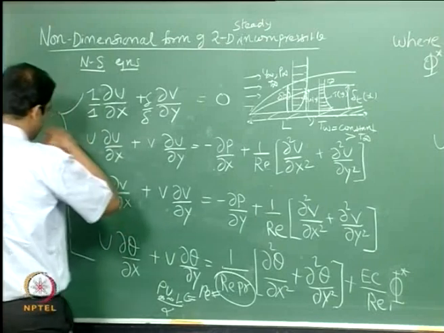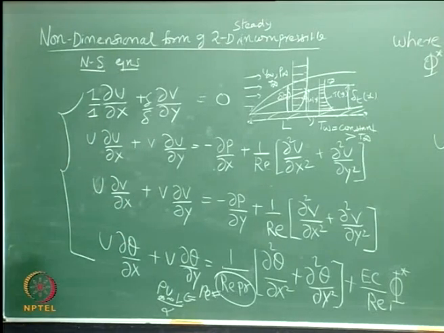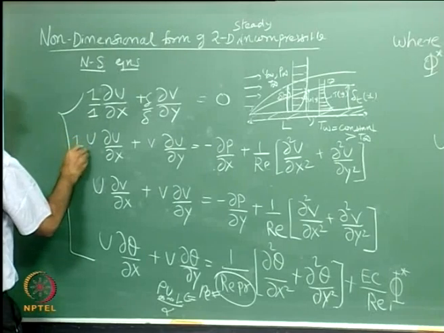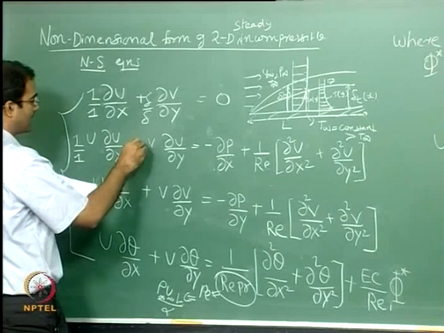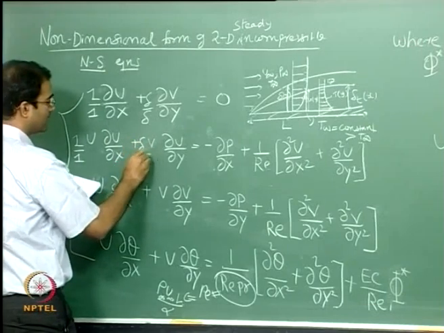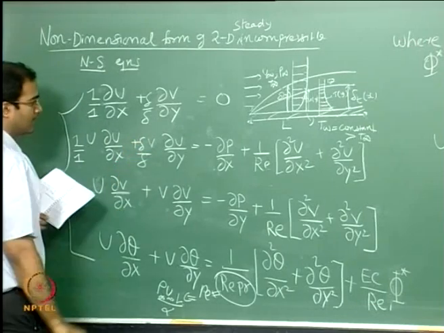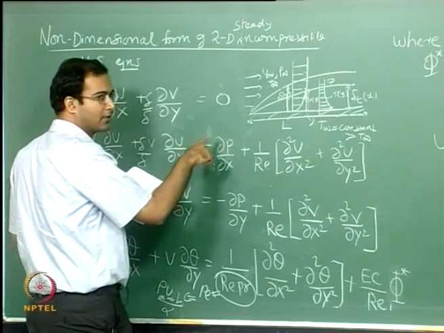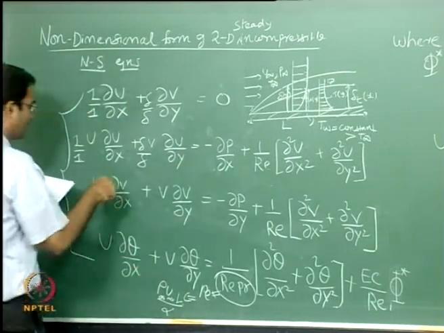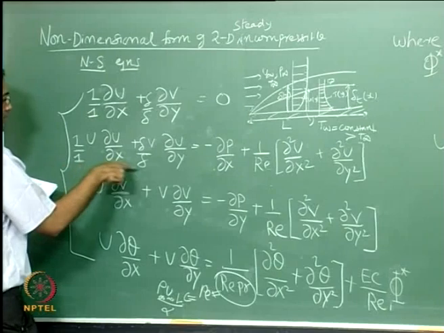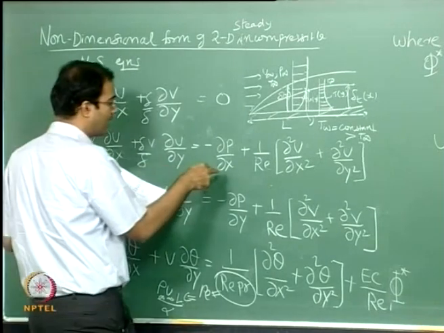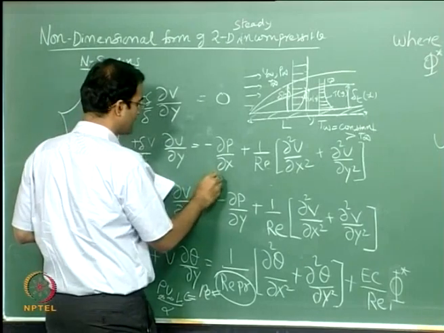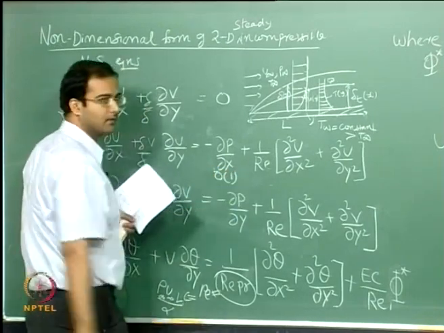Coming to this term, u into du by dx. So u is of the order of 1 by 1. Here this is of the order of delta by delta. We don't know the order of magnitude of this, but you can quickly see that the order of magnitude of these two are the same, which is of the order of magnitude 1. Therefore in order to balance, this should be of the order of magnitude 1.